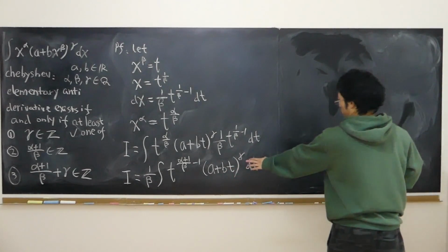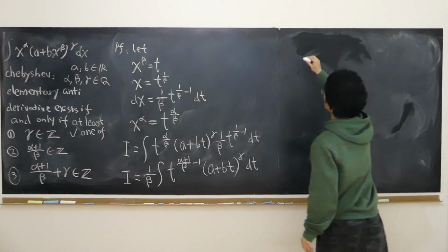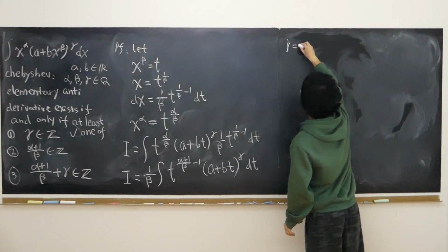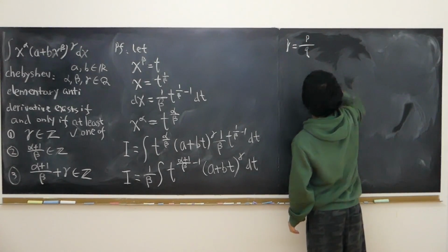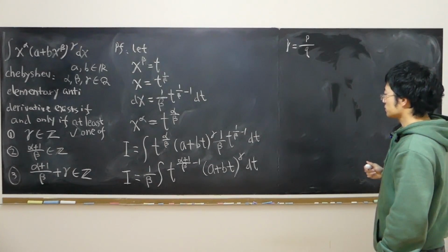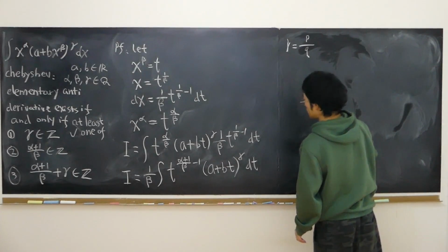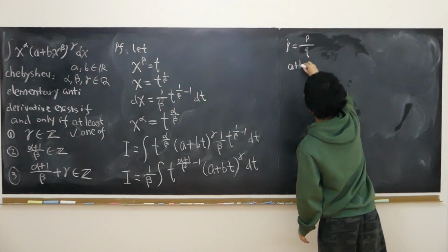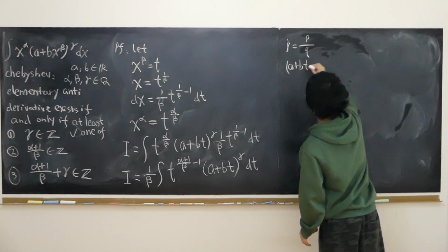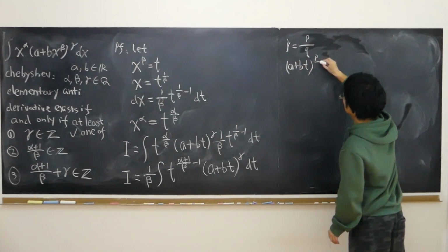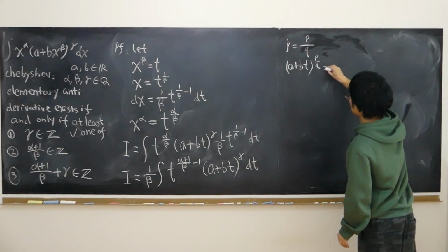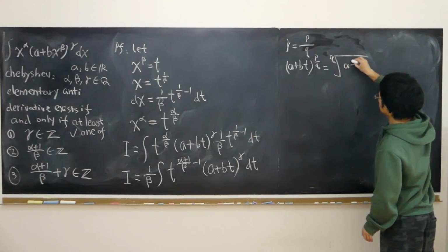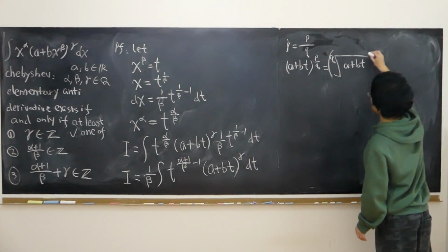Again, there is no essential difficulty in solving that. So, worst case scenario, gamma is equal to a rational. If gamma is rational, equal to p over q, what will happen now? This will become a plus bt to the p over q, which is equal to the qth root of a plus bt raised to the power of p.